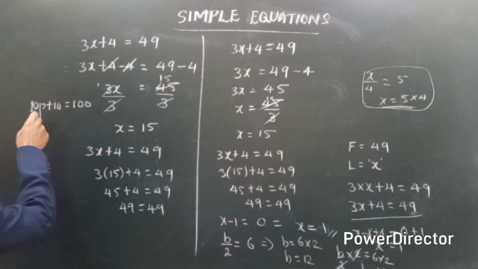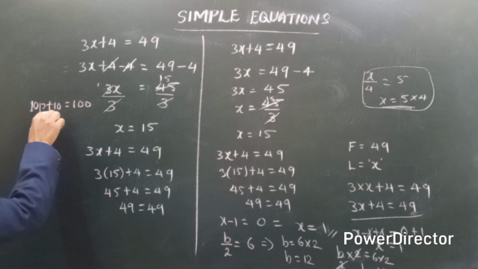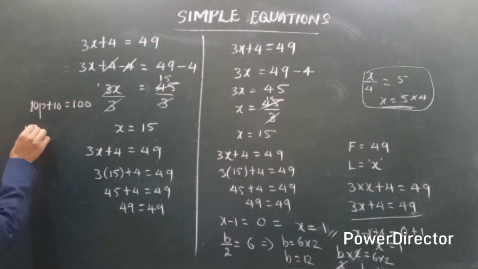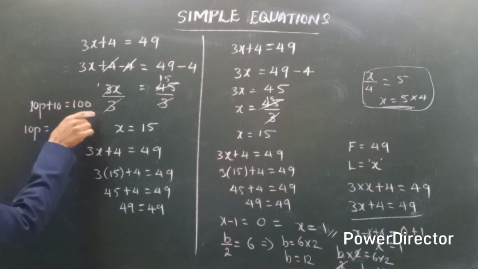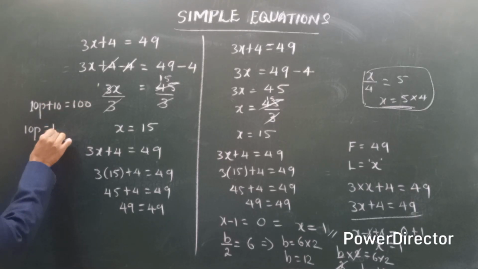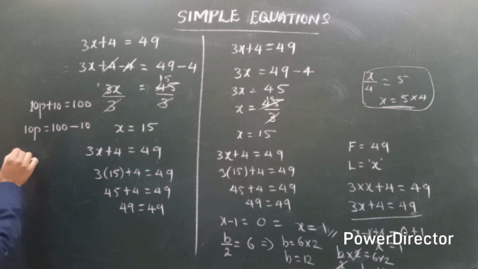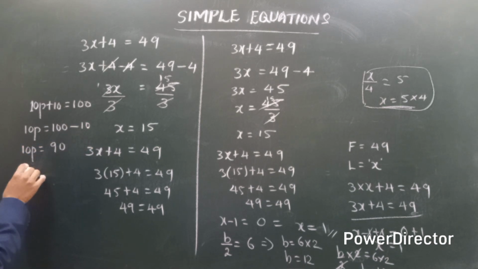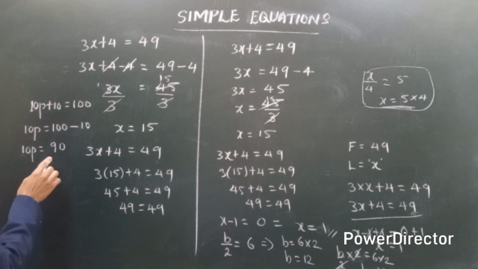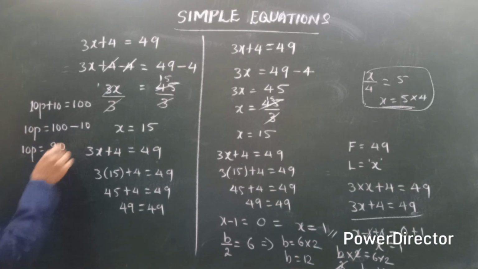How to solve this? You can go for both the methods. If you go for the transposing method, 10p is equal to, you bring it to the other side along with sign, this becomes 100 minus 10, right? So what remains, 10p is equal to 90. Now we don't want 10 here. So what you need to do is take this 10 to the other side.